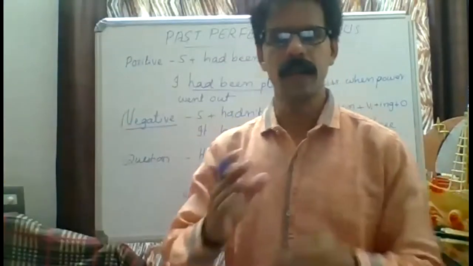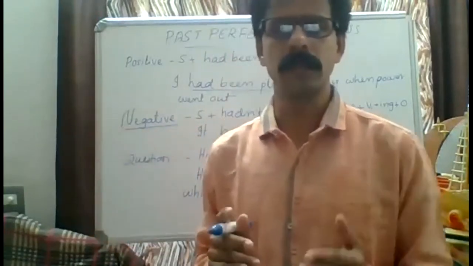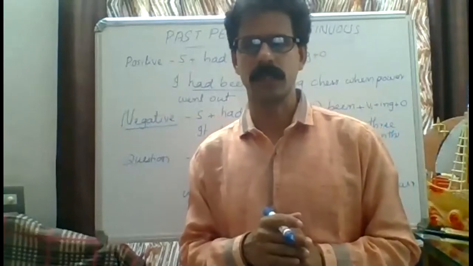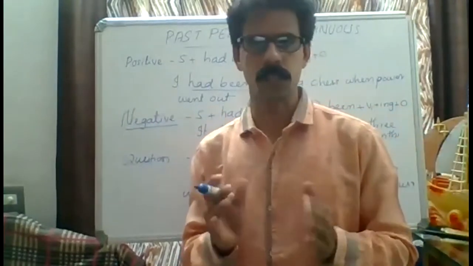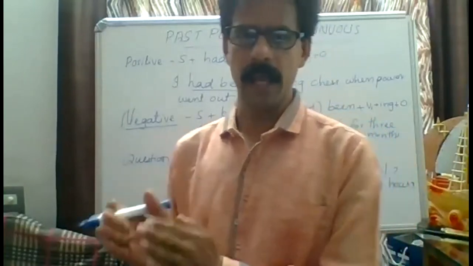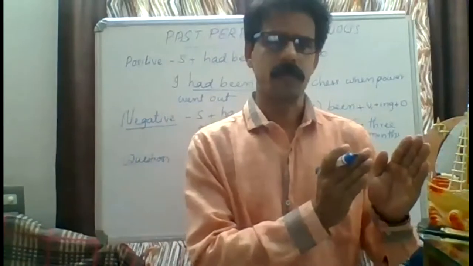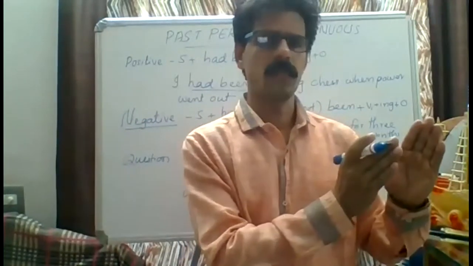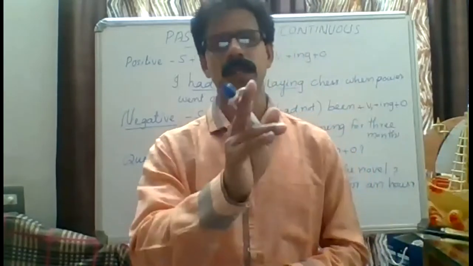So, my dear learners, you understood how to frame the positive statements in the past perfect continuous. Past perfect continuous is used to express an action which had been going on for a long period of time in the past, until another action took place in the past.